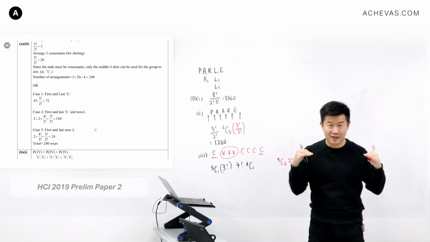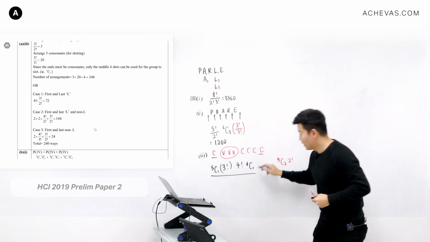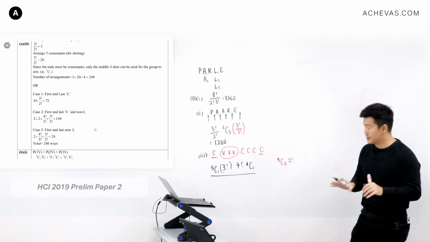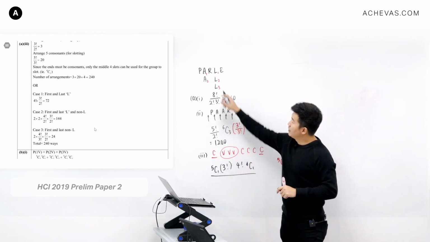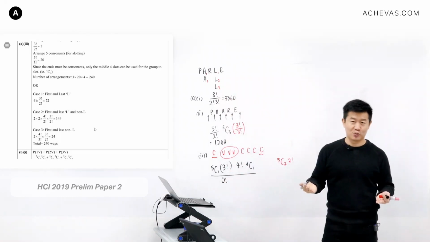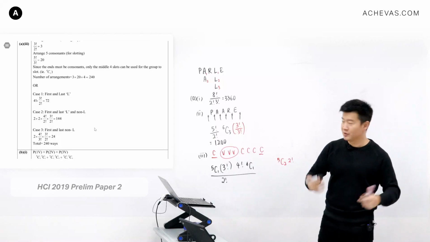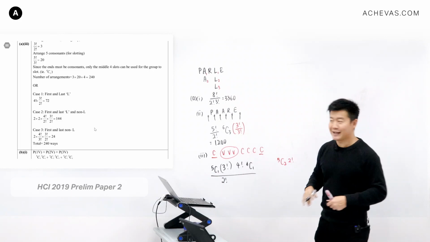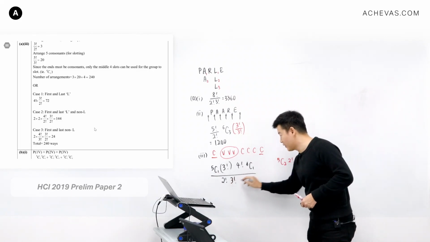You're not trying to list down the cases. So now I have arranged everything as if they are all distinct objects. Then I take into account the fact that actually it's not A1, A2, it is A, A, so divided by 2 factorial. It is not L1, L2, L3, it is L, L, L, so divided by 3 factorial.